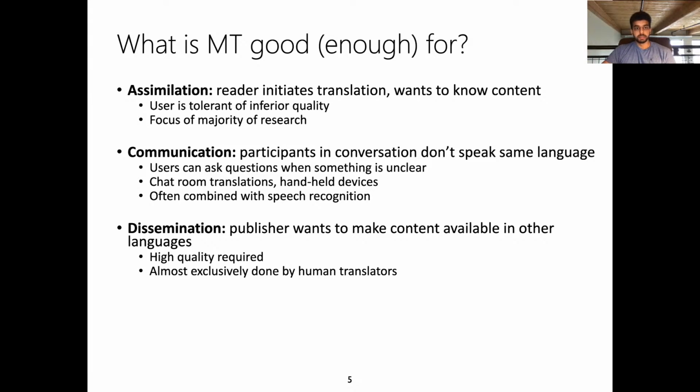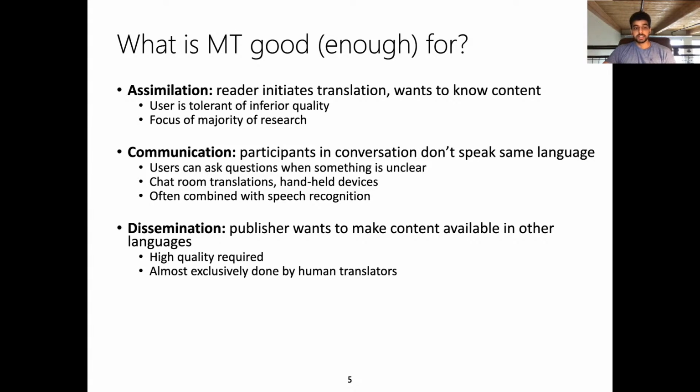So in assimilation, the reader wants to know what the content is of some text that's in a foreign language. So they may not necessarily care about getting a perfect translation, right? Or even something that's grammatically correct. They might just want to know what topics are covered in this source sentence or source document. And so the users here are pretty tolerant of getting low quality translations, as long as they get the general gist of things.